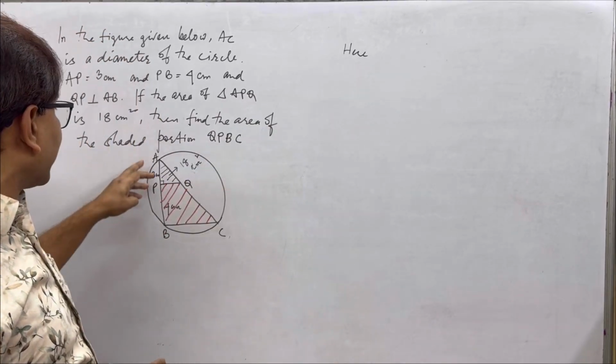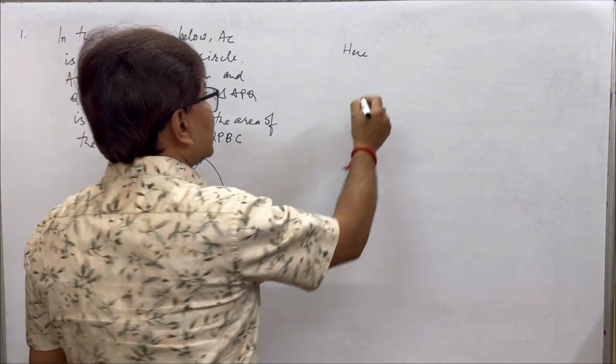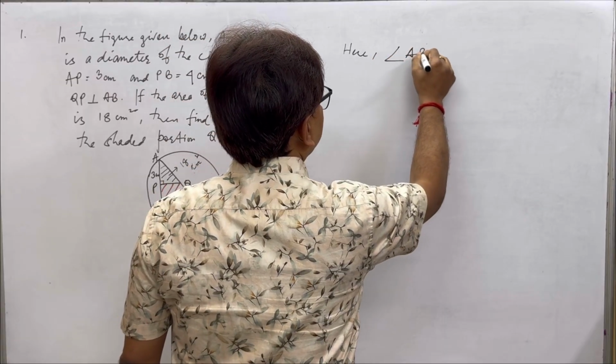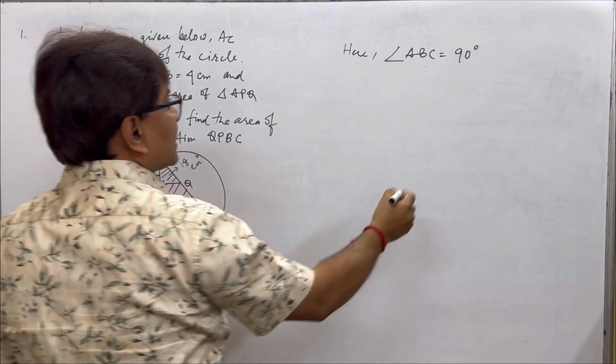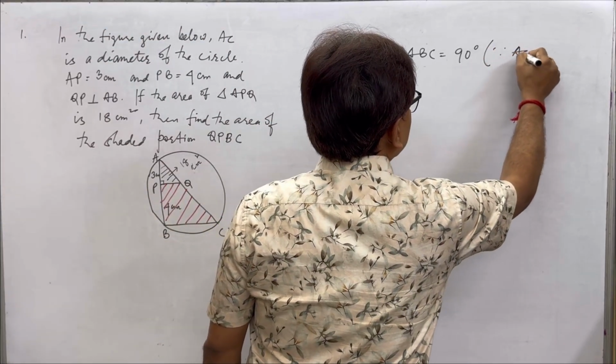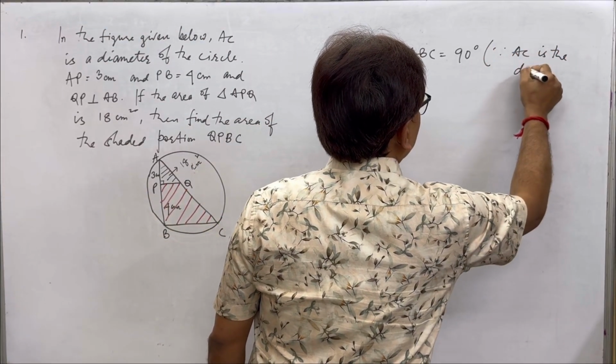Here we are finding angle ABC. Angle ABC equals 90 degree, since AC is the diameter.